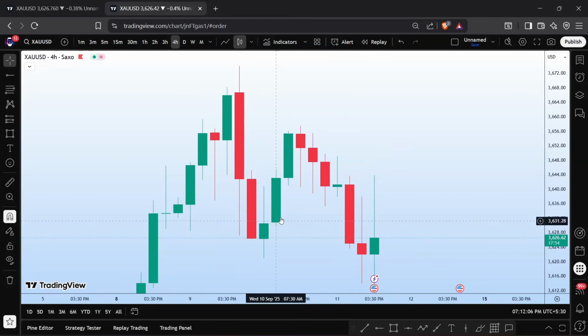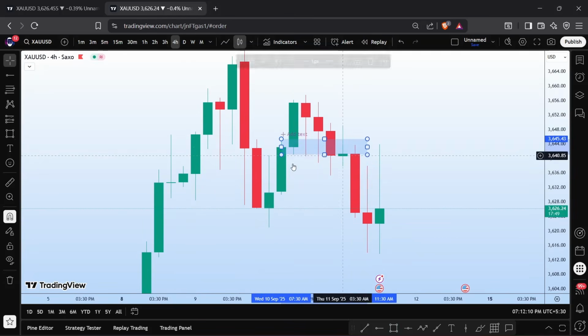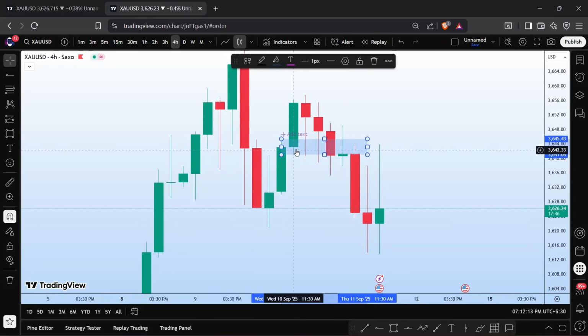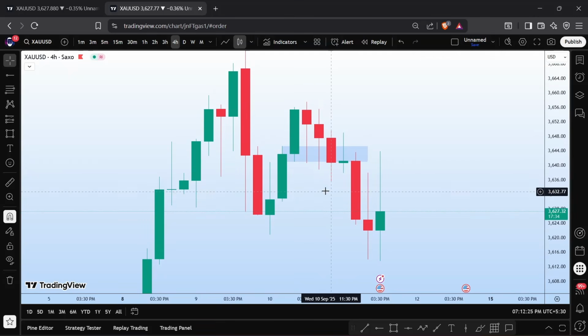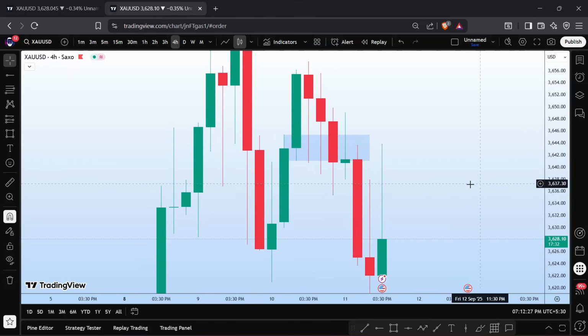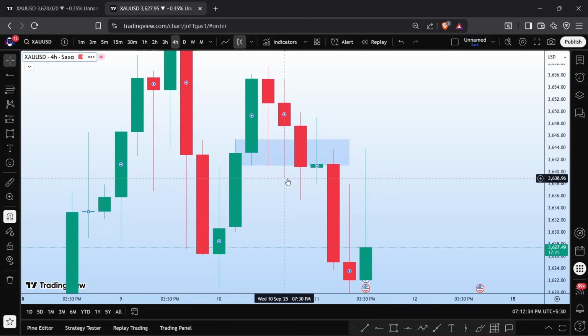During the pullback phase, I can see this is the dominant buy area that is holding the price. So this is the low that is holding the price higher. Price reacted, failed to break it, reacted again, failed to break it, and eventually it broke it. Okay, this is not really the perfect example. Why? Because price failed to close below this low, so this is not a perfect dominant area.